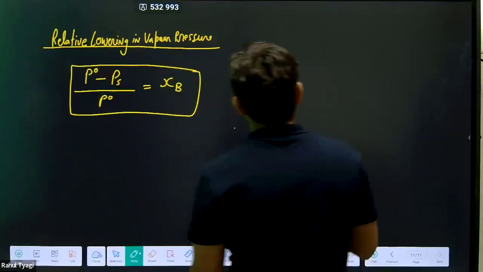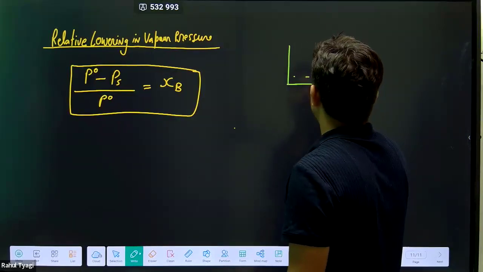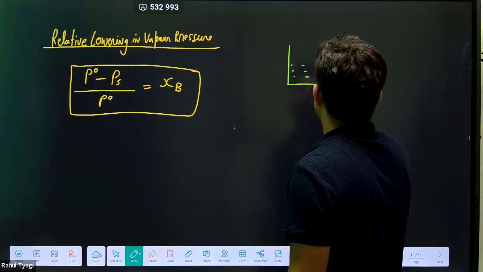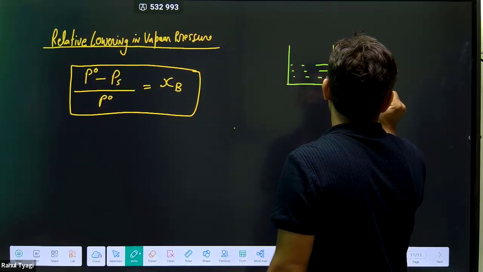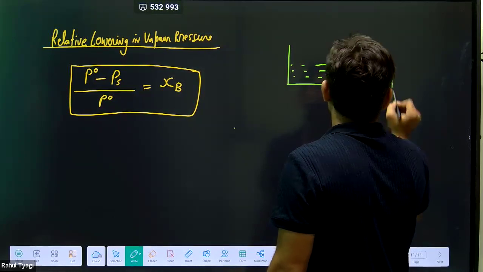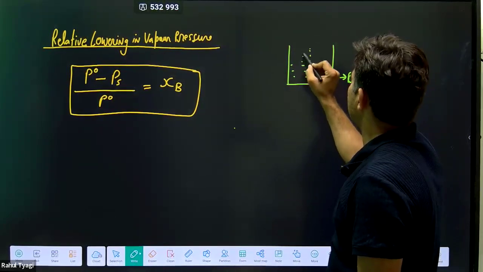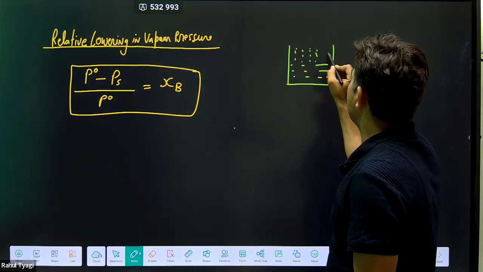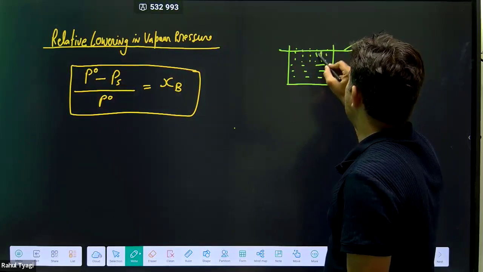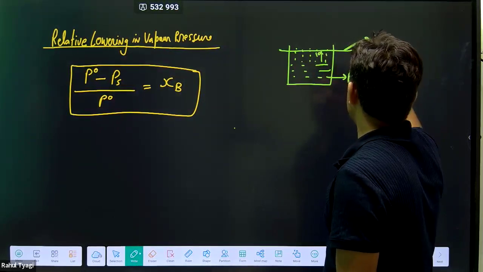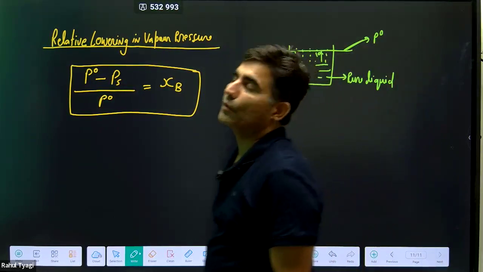See, this is a pure liquid, and this liquid creates a pressure at a particular temperature. I can say the vapor pressure of this liquid is P naught. P naught means pure.